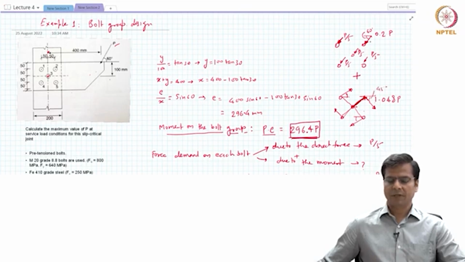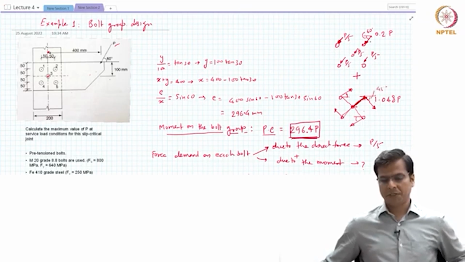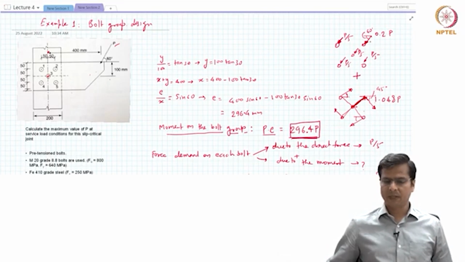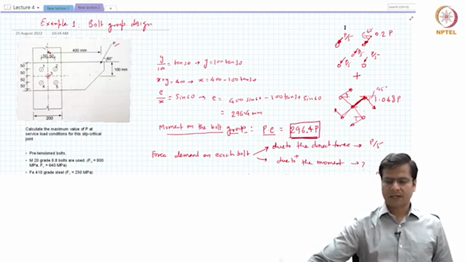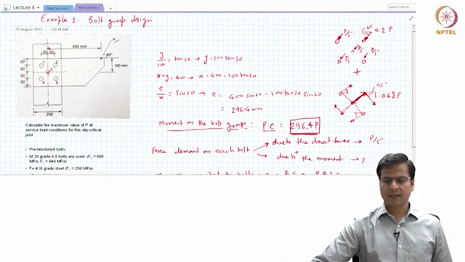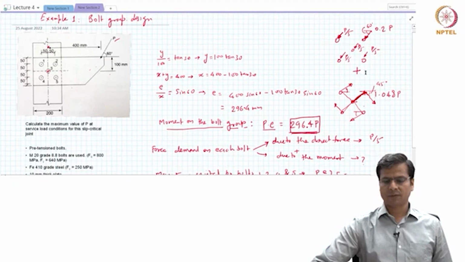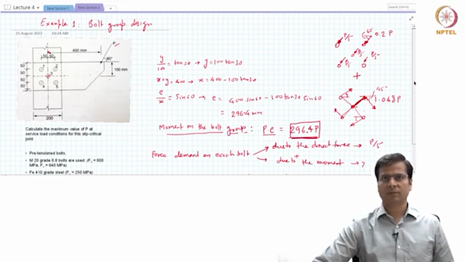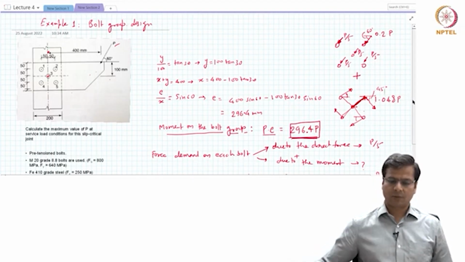We need to find the total force demand on each bolt and make sure that each bolt is safe, right? But do we really need to do that? Here we can see the direction of each of these forces, and can we directly conclude and make sure that the bolt that is subjected to the largest total force is safe? As long as we make sure of that, we don't have to design the bolts that are carrying less load. So which of these bolts would be carrying the largest load?